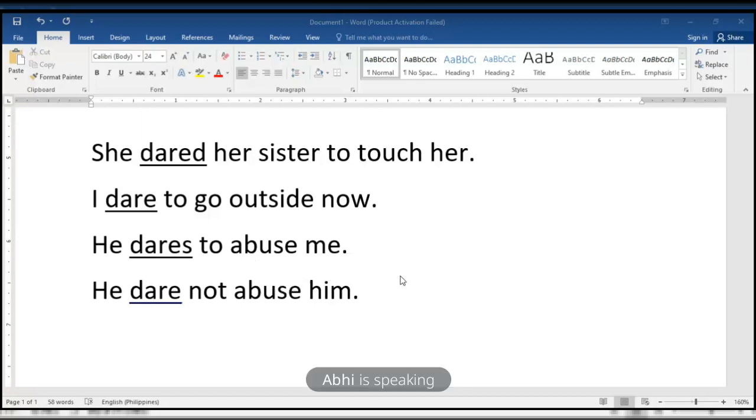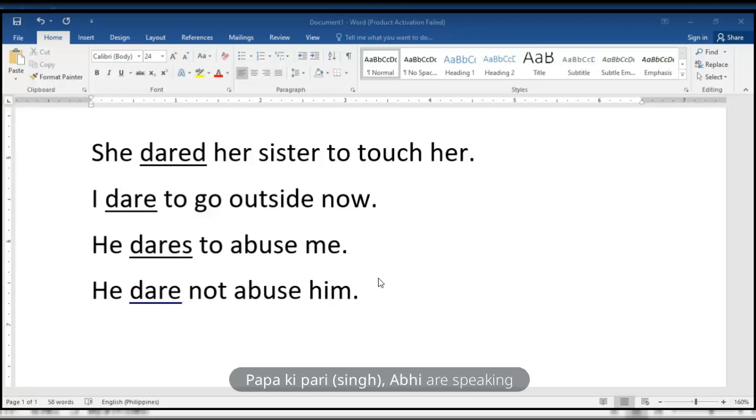When we use a modal, there should not be to. To is used when we use it as a main verb. But if we use the modal form, we should not use the to-infinitive. Is there any doubt?